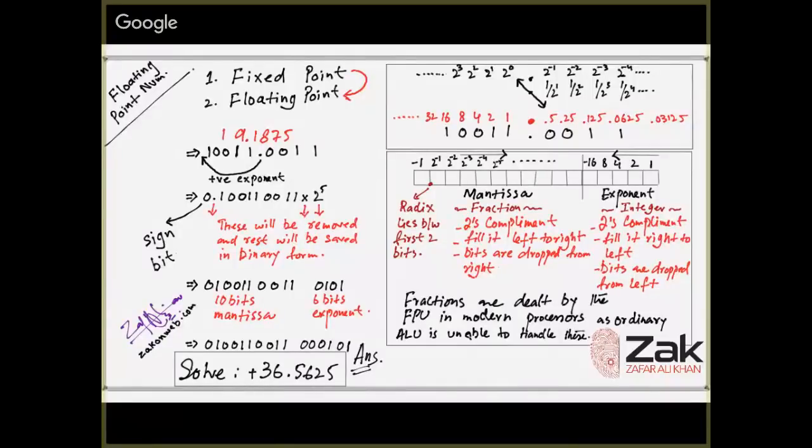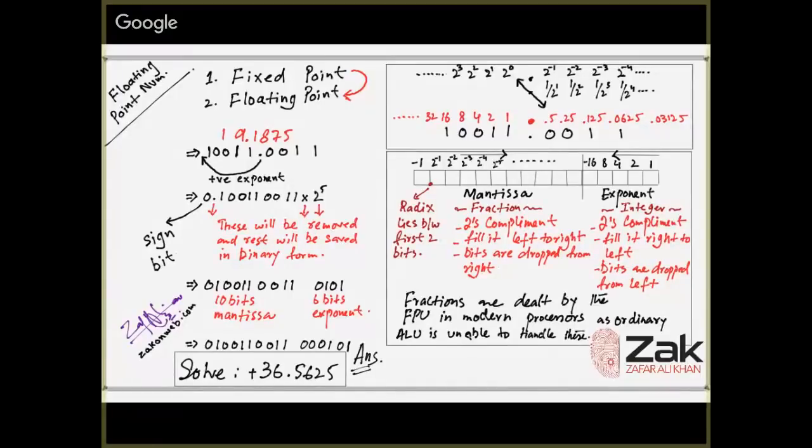Modern computers nowadays have two or more FPUs in them. So all the fractions, all the real numbers are being dealt with by the floating point unit, and not by the arithmetic and logic unit.